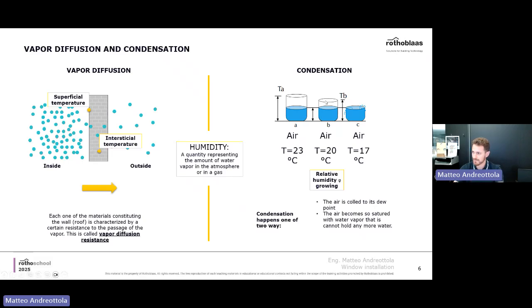You see that just by varying the temperature, the volume of air is reducing, and therefore you get to a point in which, and we are not varying at all the amount of vapor in the air, we're just reducing the temperature, you get to a certain point in which the vapor molecules cannot be contained anymore in the air, and this is the point in which condensation happens. That's where you start seeing the droplets.